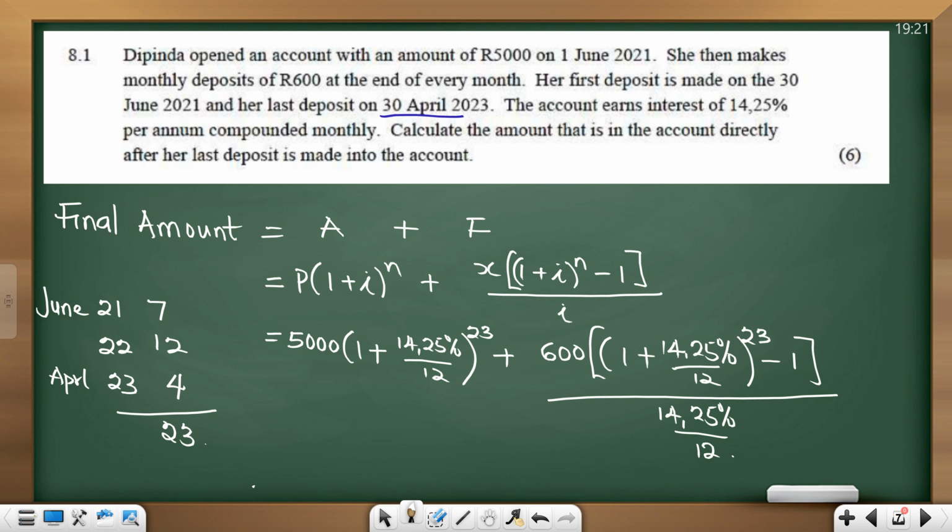For which one? What money are you looking at? 600? Yes. Don't confuse the 5,000 and the 600. They are different completely.